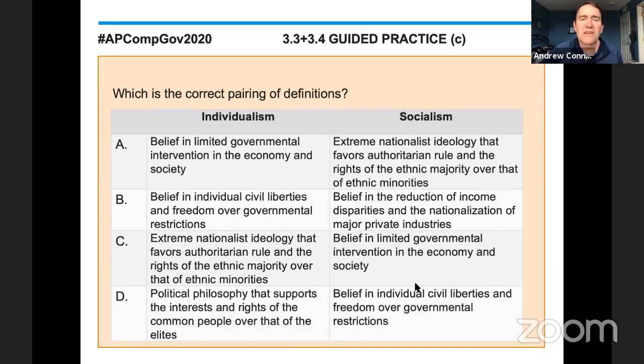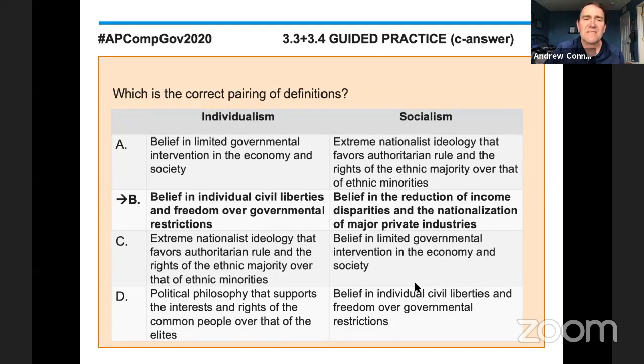How about comparing ideologies? We have individualism on the left and socialism on the right. And hopefully hone in on letter B, that individualism is the belief in individual civil liberties, the protection of those liberties and freedom, while socialism is the belief in more nationalization of industries in order to reduce income disparities.